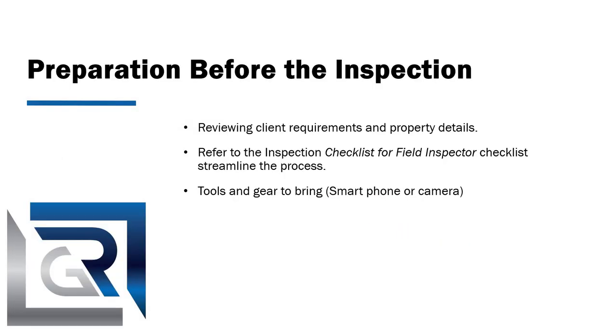Now, just for some tips and tricks, again, in the inspector's guide or checklist, you'll get pretty much a good summation of tips and tricks about what you should and should not do. But I want to just point out this. Before you go out to any inspection, you must get a verbal authorization, or text information, to make sure that, yes, I am clear to go to this location.